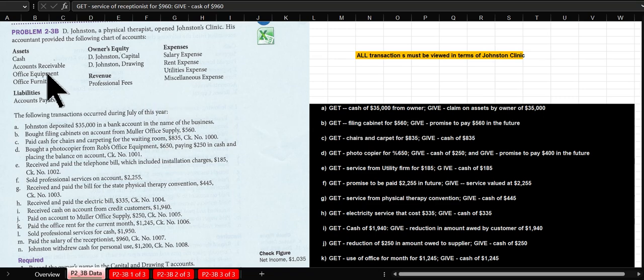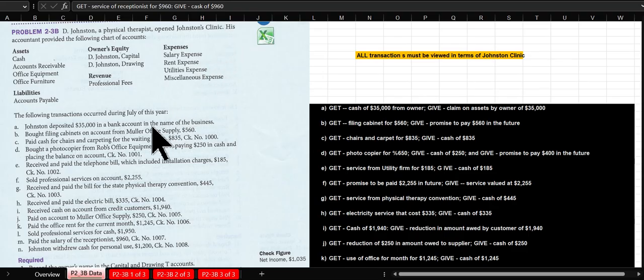And so here is problem 2.3b, and we are going to be looking at these transactions from the point of view of the Johnston Clinic. Not from the point of view of D. Johnston, but from the Johnston Clinic's perspective.